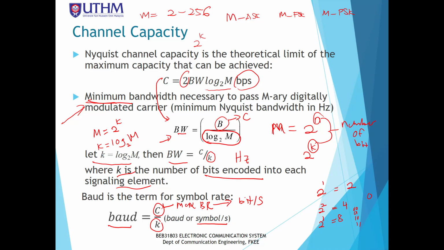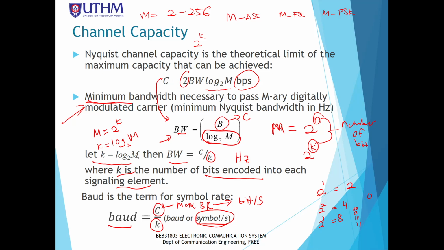When you divide the maximum bit rate by the number of bits, you're going to produce baud, or symbols per second. So symbol per second defines how many symbols that we can transmit in 1 second.